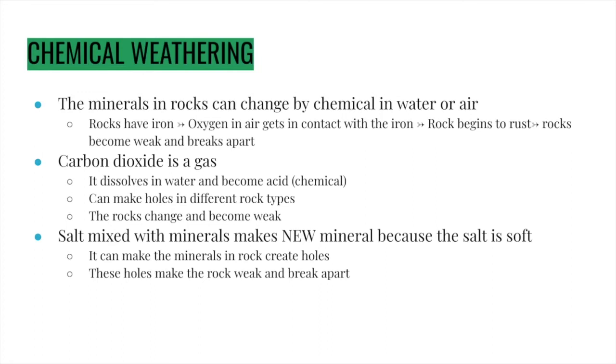One chemical that is in the air that we breathe is oxygen. When oxygen and the iron come together, it causes the rocks to begin to rust. Rust is like this orangey material that kind of makes the rocks weak. When the rocks become weaker, it is much easier for them to break apart.